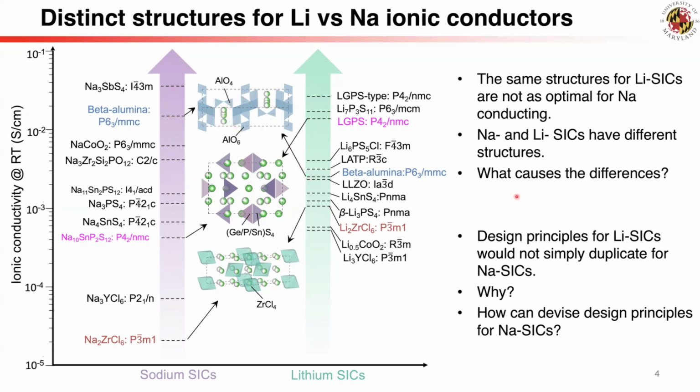So our first question is, what causes these differences between sodium conductors and lithium conductors? These differences also tell us that the design principles developed for lithium superionic conductors may not be simply duplicated for sodium superionic conductors. So we would like to understand why that is, and how we can devise the design principles for sodium superionic conductors.